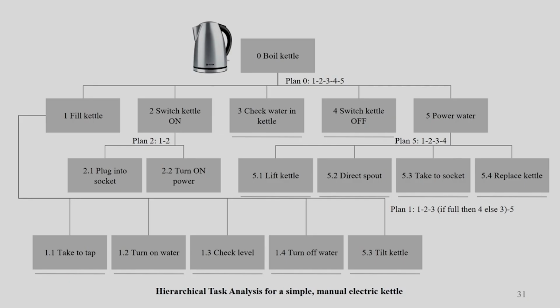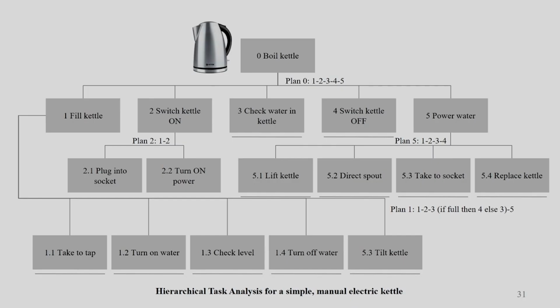Okay. So to switch on that particular kettle, what you need to do is first plug it into the socket and then turn on the power. If it is already plugged in, then you may skip that step. Whereas pouring the water means lifting the kettle, directing the spout, taking it to the socket, and replacing the kettle.